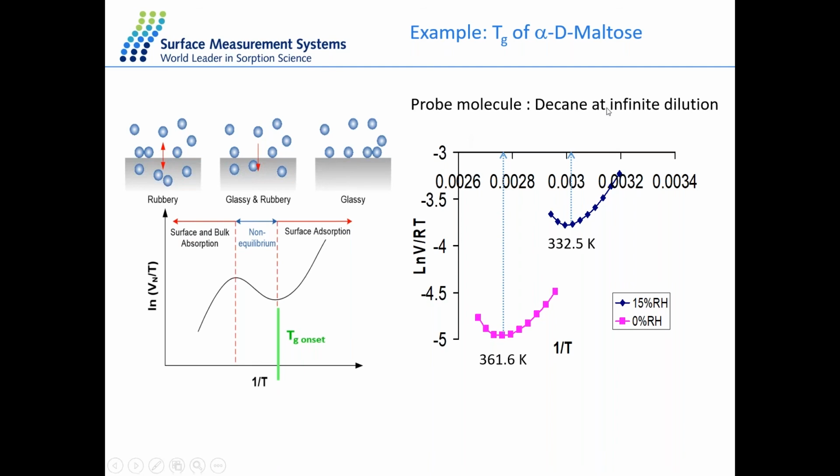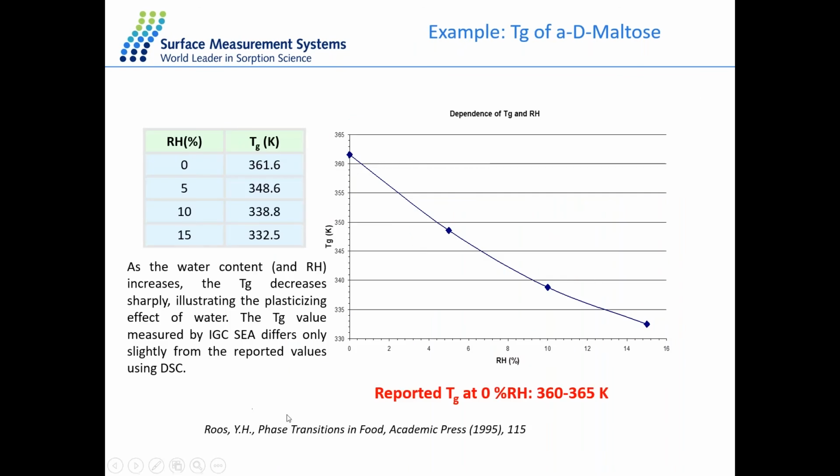In this case, in alpha-D-maltose, we've used decane at infinite dilution, at very small concentrations. And we can see it's going onto the onset of a glass transition of the material. We've carried this out at 15% relative humidity and 0% relative humidity. So this is the result of various experiments. We have different levels of relative humidity from 0% to 15%, and this is the resulting Tg.